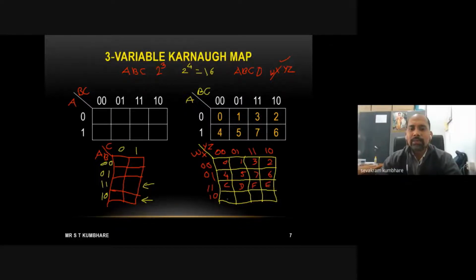Okay. Next 1, 0, 0, 0. So this is 8. 1, 0, 0, 1. This is 9. 1, 0, 1, 1. So this is B. And 1, 0, 1, 0. This is A. So like this, we can give the numbers. Or instead of A, B, C, D, E, F, if you want, you can do it like this also. Let me show you.